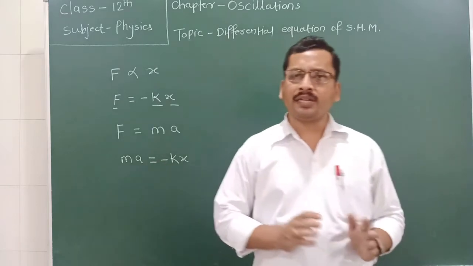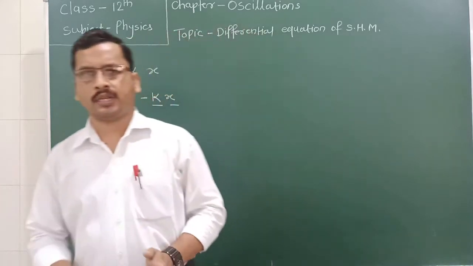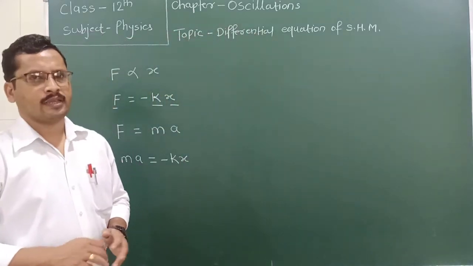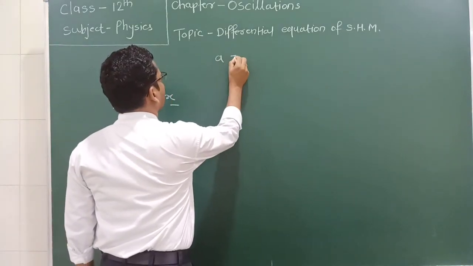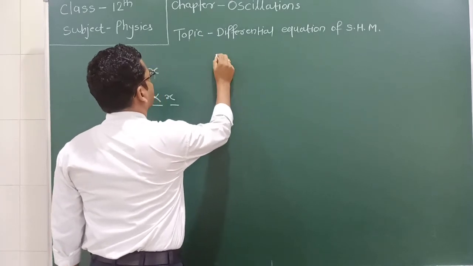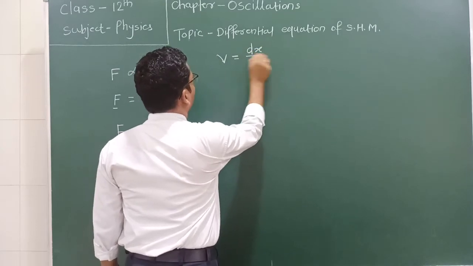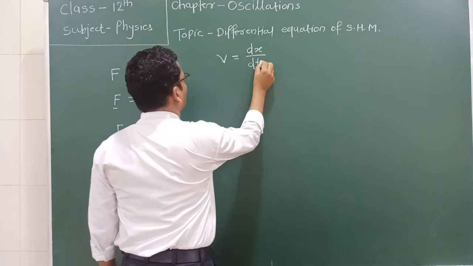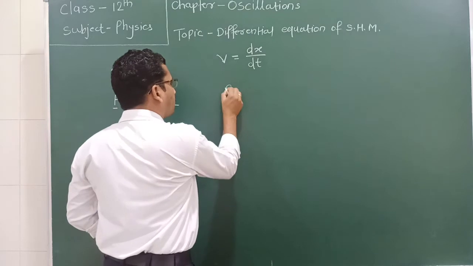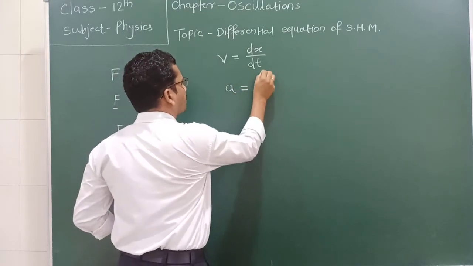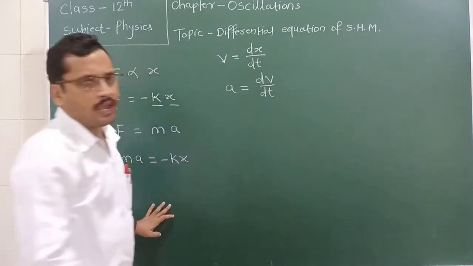Now what is the acceleration? Acceleration is the rate of change of velocity with respect to time. And what is velocity? Velocity is the rate of change of displacement with respect to time, that is dx by dt. Now acceleration is nothing but the rate of change of velocity with respect to time.